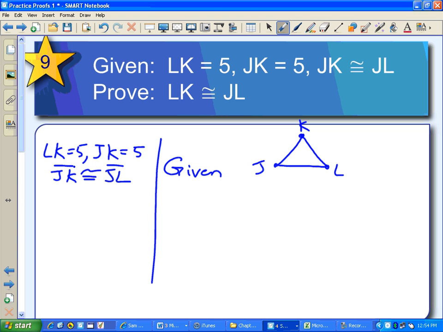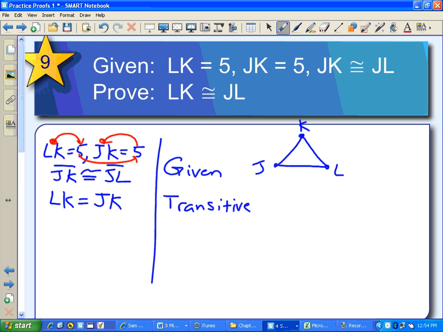Well, if two things equal the same thing, like LK and JK do, they both equal 5, that means they equal each other. And that comes from our transitive property. Anytime I can follow a path, LK goes to 5, 5 is the same as 5 over here, 5 takes me to JK.